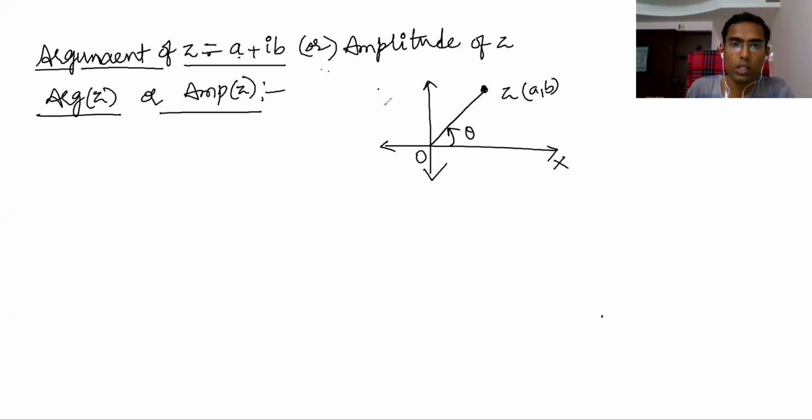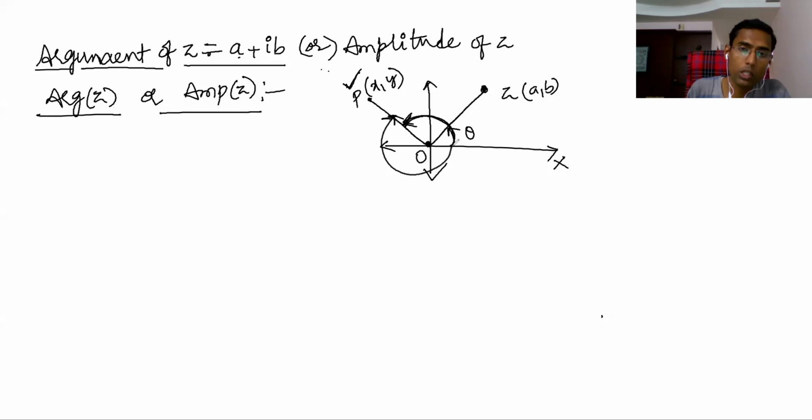So what I told, now let's say P, x comma y, is here. That is a complex number. Then the angle made by OP with the positive direction of the x-axis, measured in anti-clockwise direction. You may ask, what if I measure in clockwise direction?